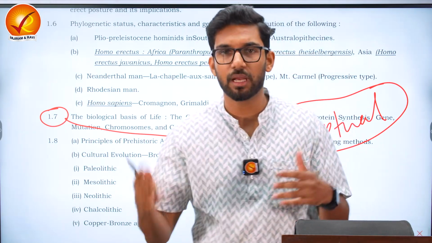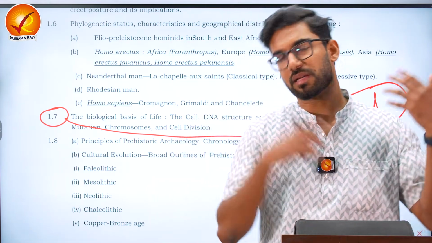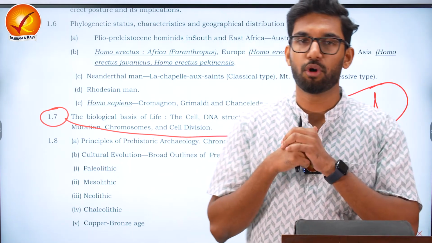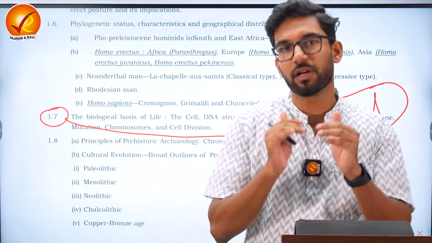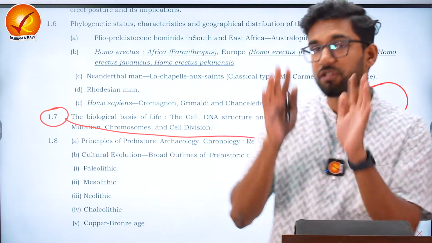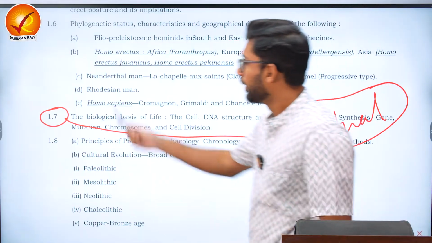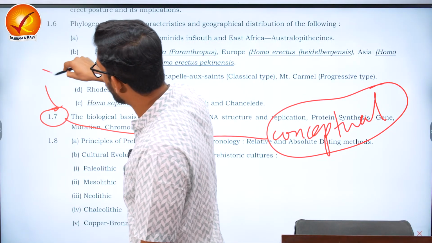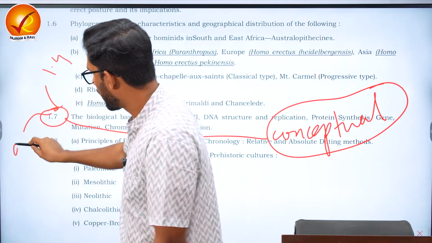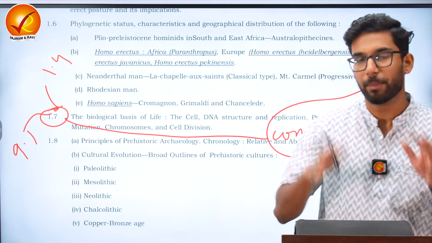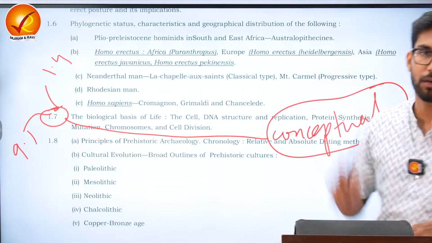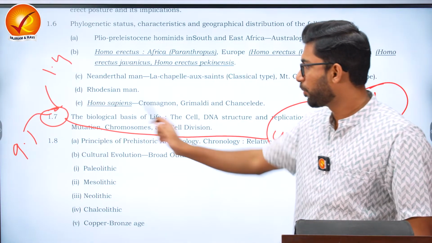It talks about DNA and the central dogma of molecular biology, and so on. It's a very simple chapter, but it's difficult to understand conceptually. But once you understand 1.7, you could understand 1.4, 9.1, and a lot of other units within paper 1 better. So that is the importance of 1.7.